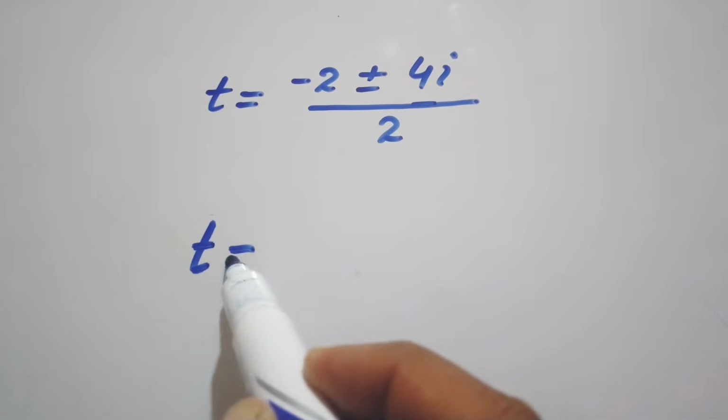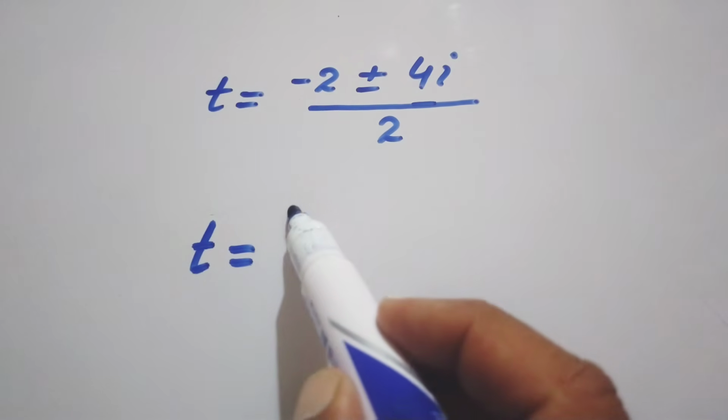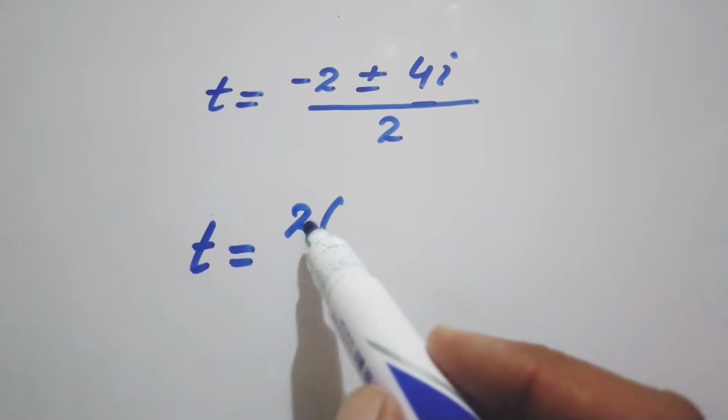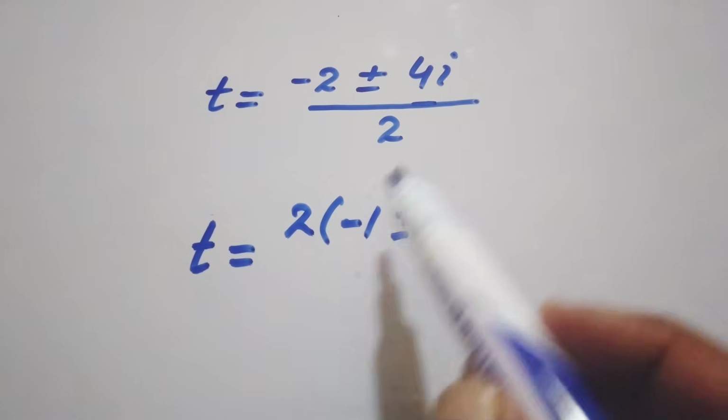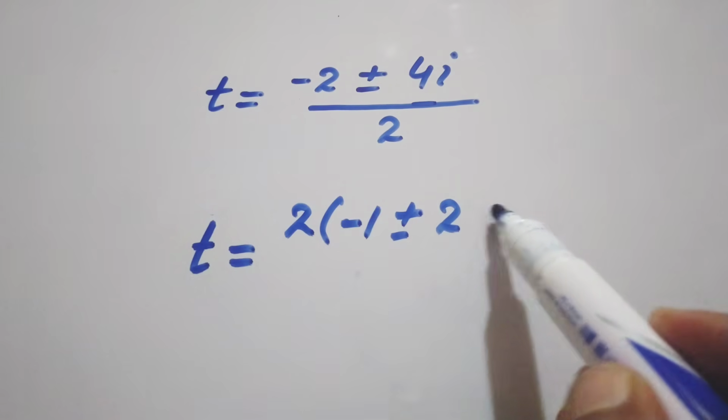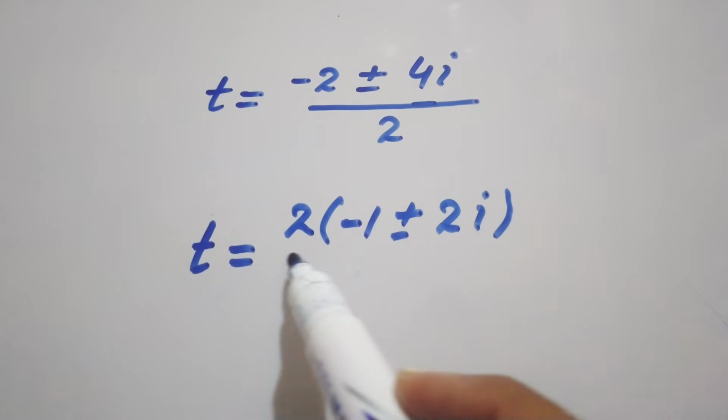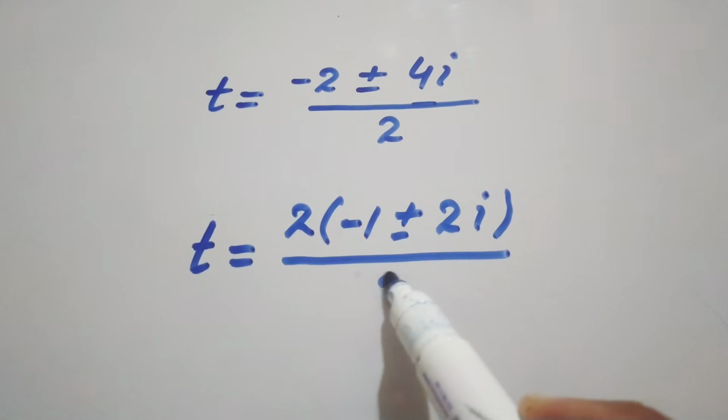Now t is equal to, take 2 common from numerator: inside here minus 1 plus minus 2 multiplied by 2 gives us 4, 2i will be left inside the bracket, divided by 2.